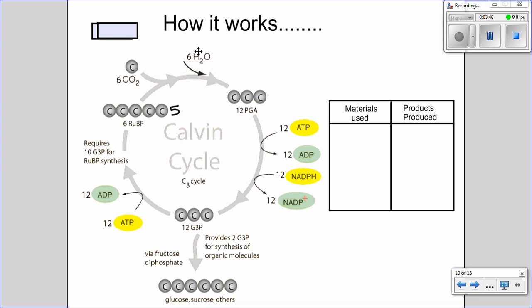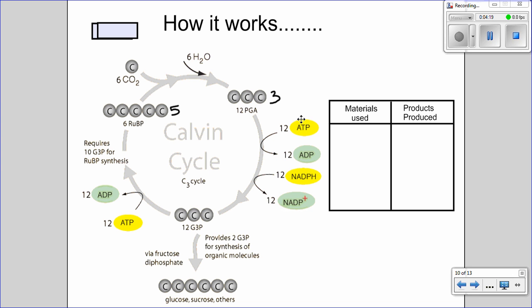So you've got 6 water molecules that come in. Through a series of chemical reactions, which we're not going to get into, the RUBP gets split up into 12 PGA molecules, which are 3 carbons apiece. So you have 36 carbons at the beginning of the cycle, and you still have 36 carbons here. However, you break the molecule down into smaller pieces.